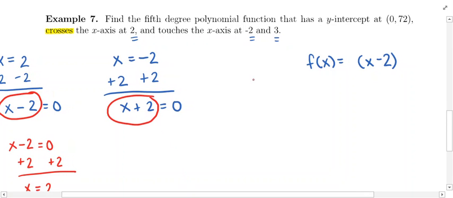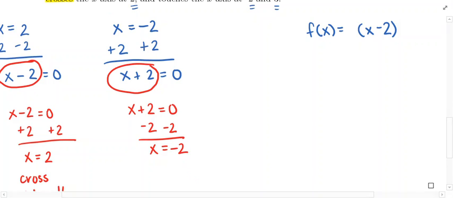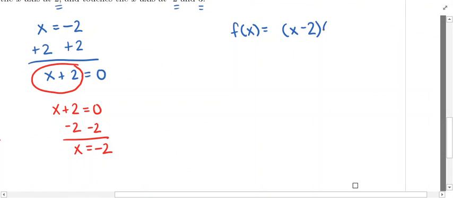The reason this is the factor is because if you take x plus 2 and set it to 0 and solve, you're going to get -2. So if x equals -2 is a 0 or an x-intercept, that means x plus 2 is the factor it came from. I need to go over to the factorization and add x plus 2.